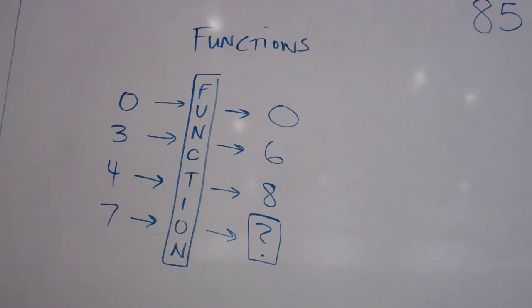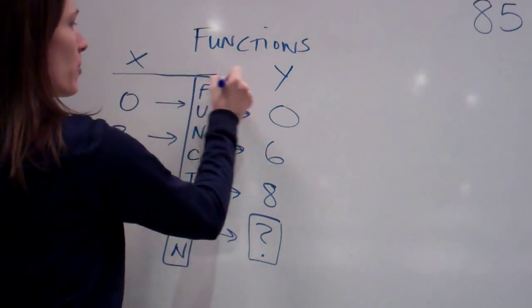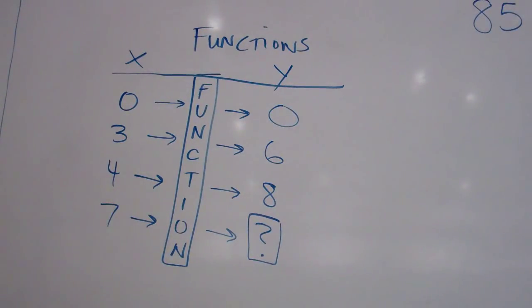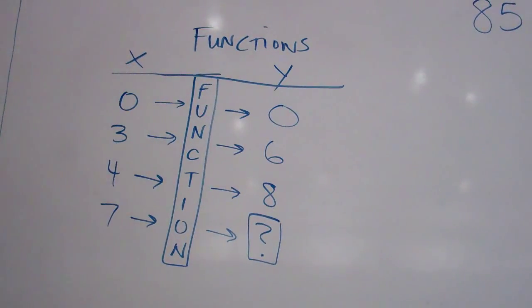So basically, I'm going to put an X here and a Y here, because that's going to be important later on. They label it in, out, but it really is not important what you label it right now.